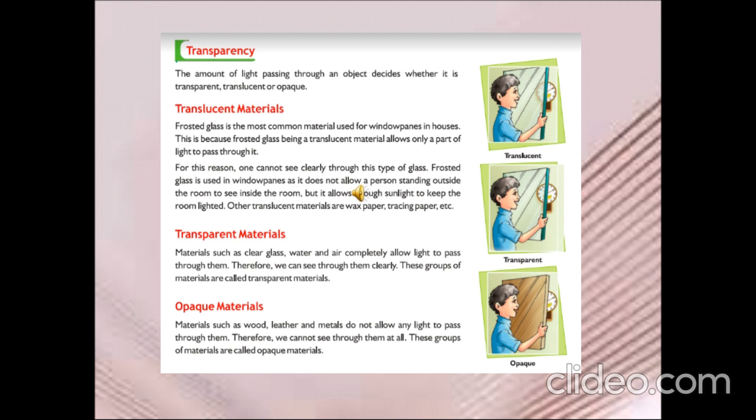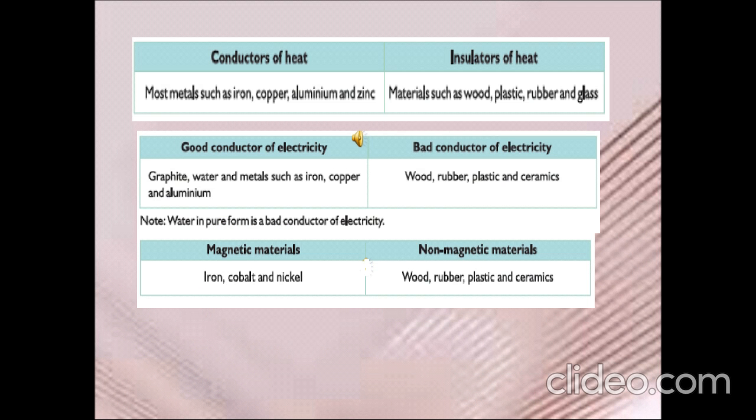And another property is opaque. Opaque means we cannot see anything on the other side, as shown in the figure. So that property is called opaque, right? Then conductors of heat. Some materials may conduct heat.